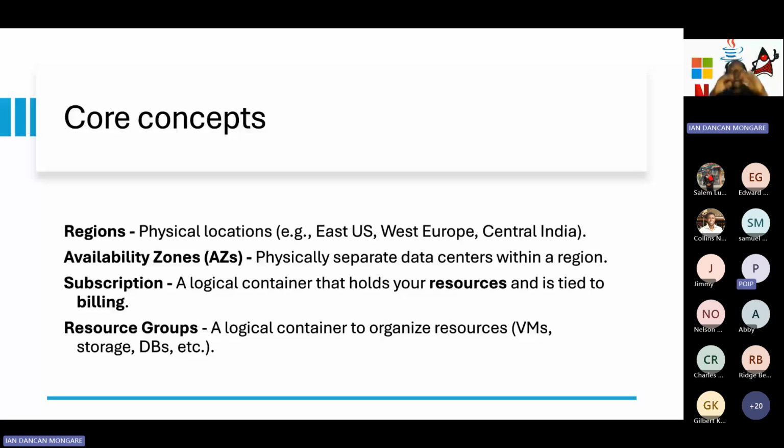You want to have all these things related to your project in one place. You need a container that would hold all this, a logical container to organize all your resources for whatever you're doing. Could be VMs, storage, DBs, etc.